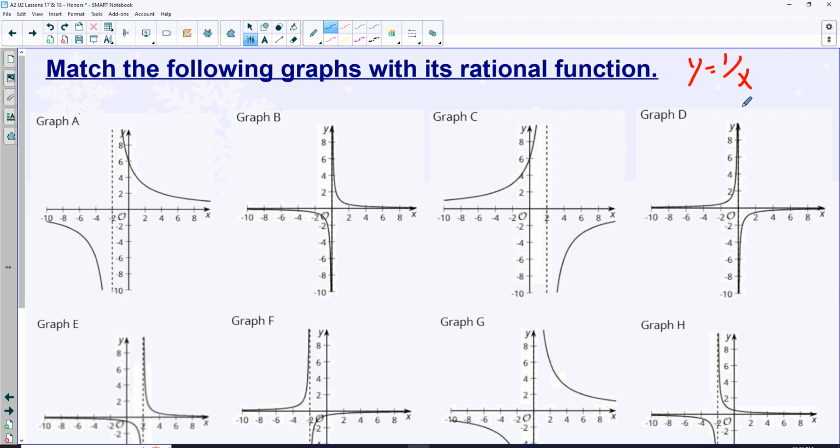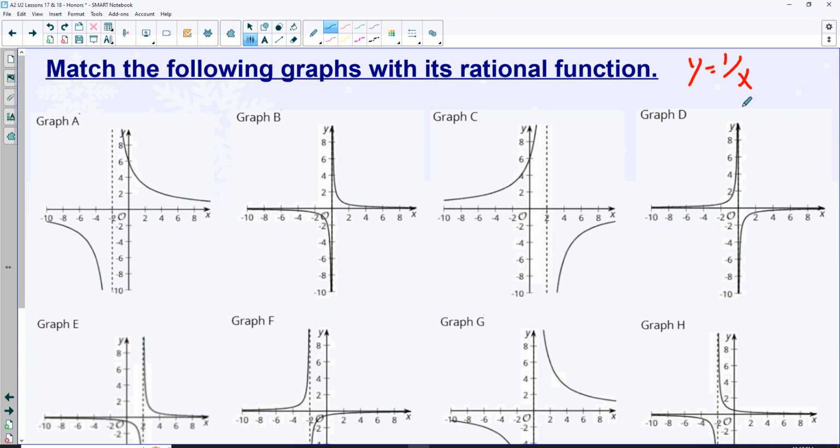We need to know, first off, where the asymptote is, number 1. And then number 2, locate the graph that has points that make sense. The easiest point to use is the y-intercept most of the time, unless the function won't have a y-intercept.